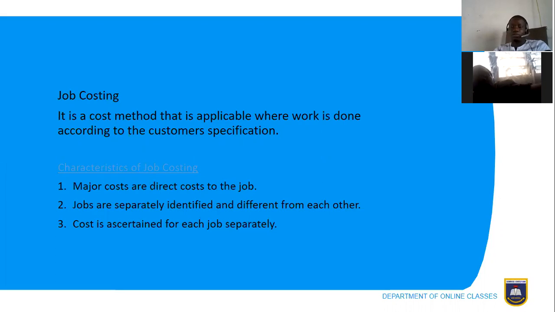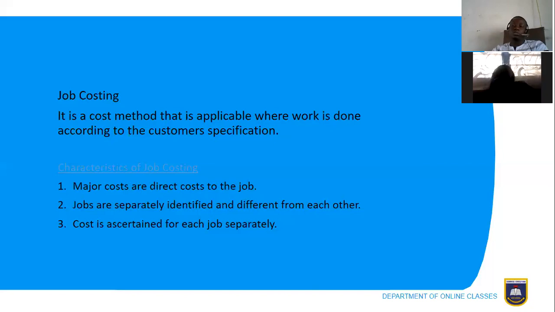At the end of the day, you are supposed to bear that cost as an individual. You get it? The person who ordered a wedding invitation card, or you can even be the same person who ordered another card, a wedding invitation card. By the end of the day, they identify the jobs separately. So they'll tell you, okay, for the wedding invitation card, this is the amount, and then for the birthday invitation card, this is also the amount. Then you can do the summation yourself.